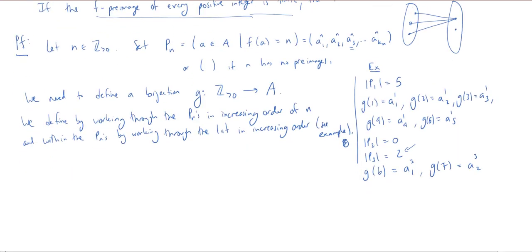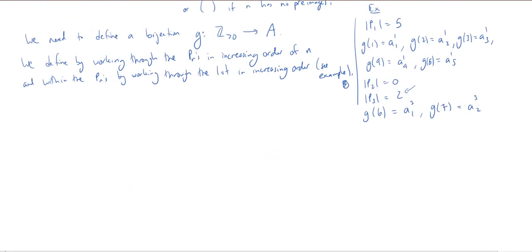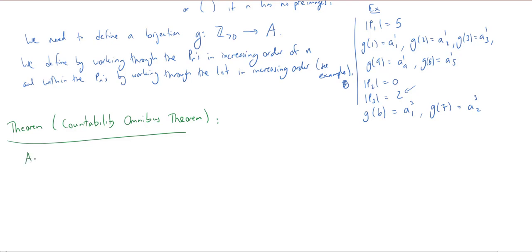Cool. So now let's get to the Countability Omnibus Theorem. This is just a bunch of stuff we're throwing together into one theorem. So I just need a whole bunch of sets here at the beginning. It's so long I don't even write it out here in full sentences.